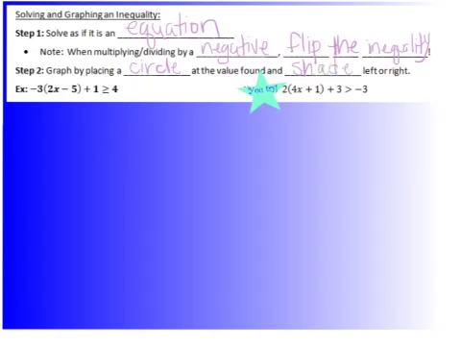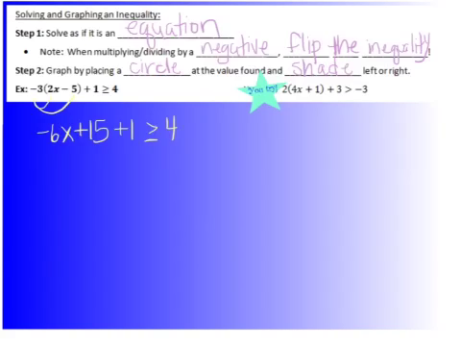Okay, so let's solve. Step 1. Here's our example. So the first thing I would do is I would distribute. Always get rid of those parentheses. So negative 3 times 2x is negative 6x, and negative 3 times negative 5 is positive 15. And we'll carry down the rest. We have a plus 1, we have a greater than or equal to sign, and a 4.